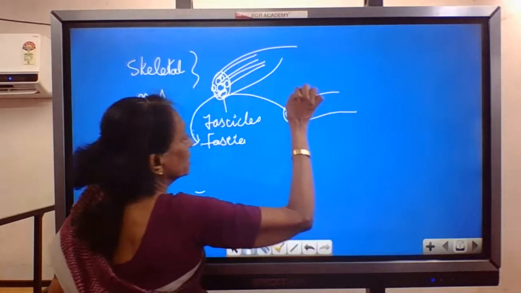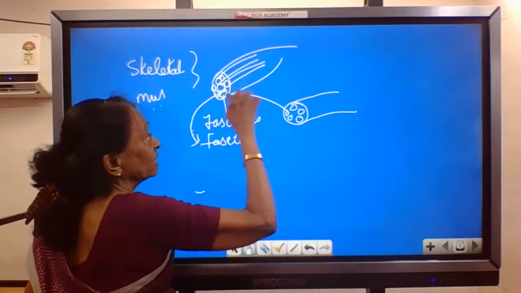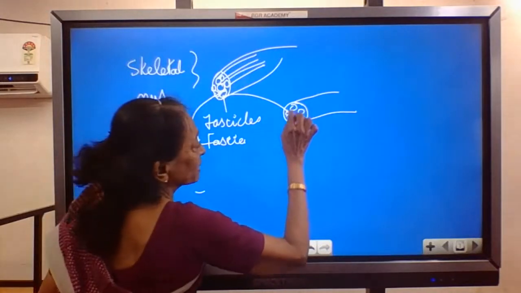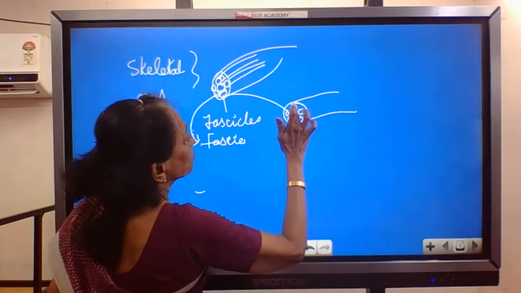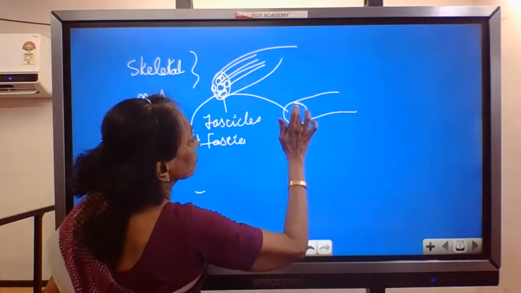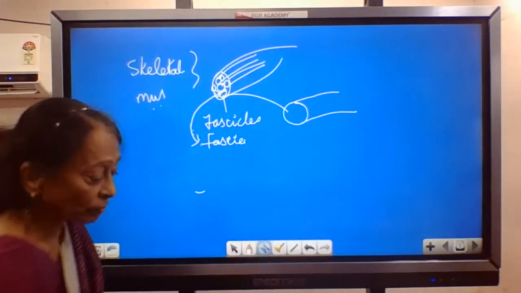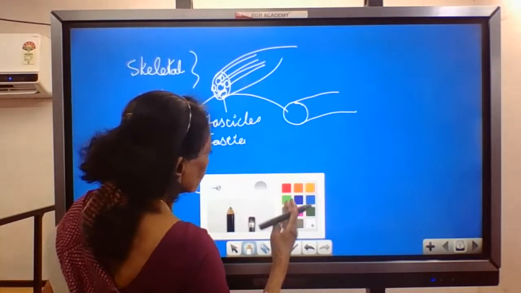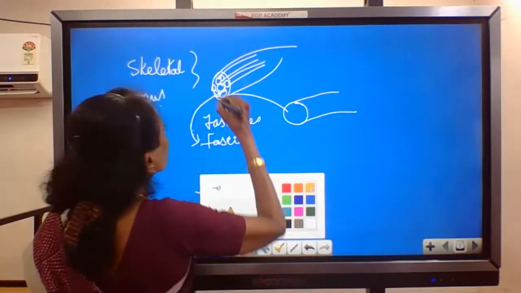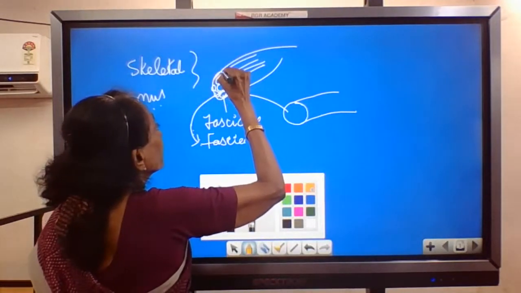This bundle is the fascicle. I am taking a single fascicle alone, and I'll draw the muscle fiber smaller than that. That will be better. Now this is the entire bundle.